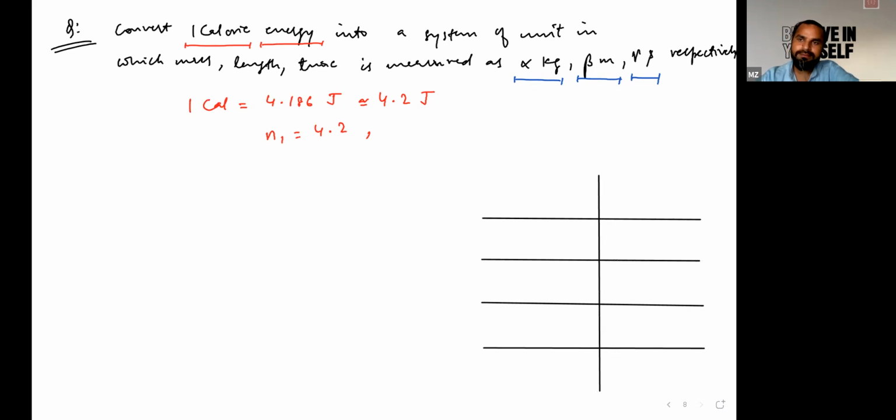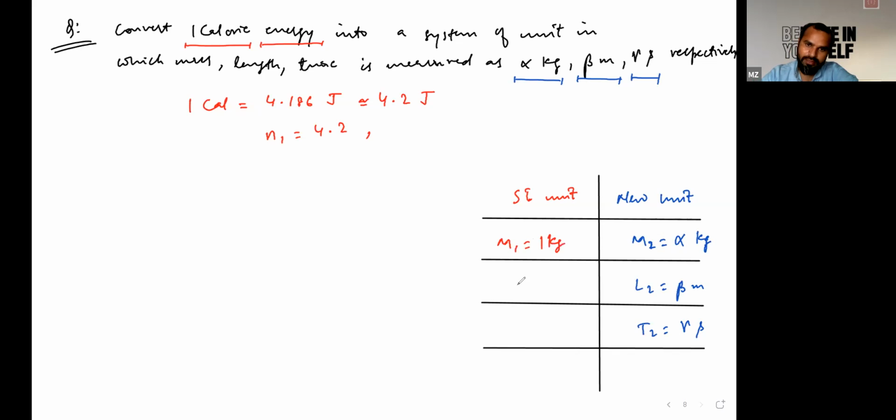Just see, on the left hand side we have SI unit, and on the right hand side we have the new unit. So in the new unit, mass is given in terms of alpha kg, length in terms of beta meter, and gamma second. On the left hand side, mass is in kg, length is in meter, and time is in second.